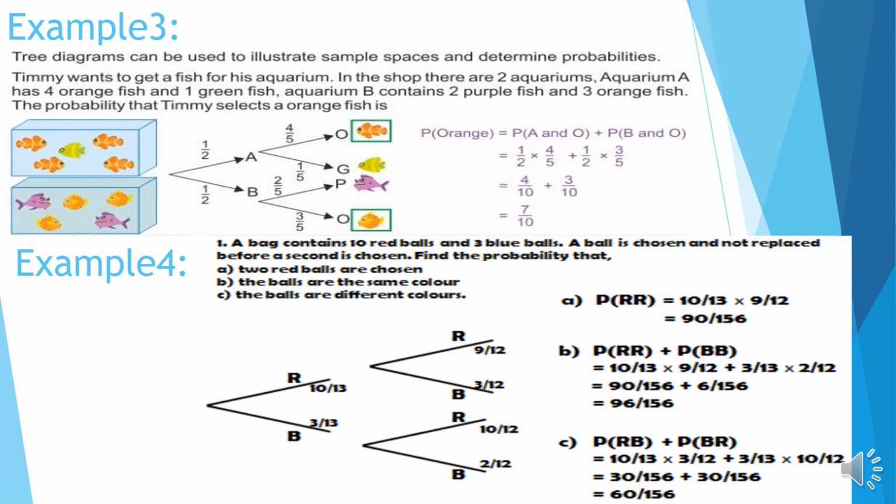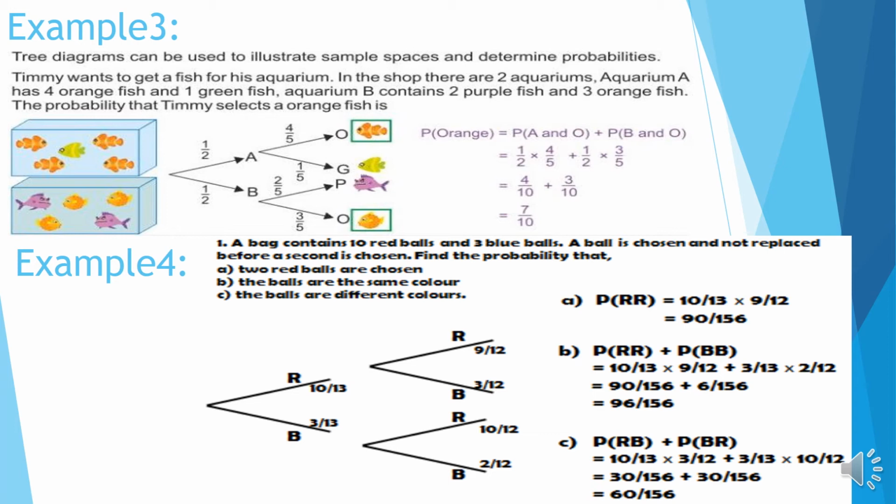In the second selection, look at what is still in the bag. There are now 12 balls, since the first one came out without replacement. So the second selection here is 9 over 12. Why? Because a red ball is out, and there are 12 in the bag.